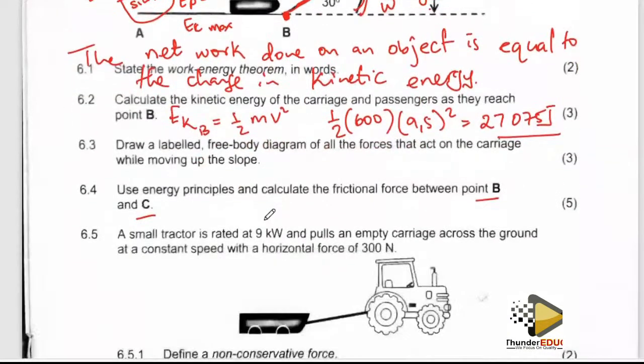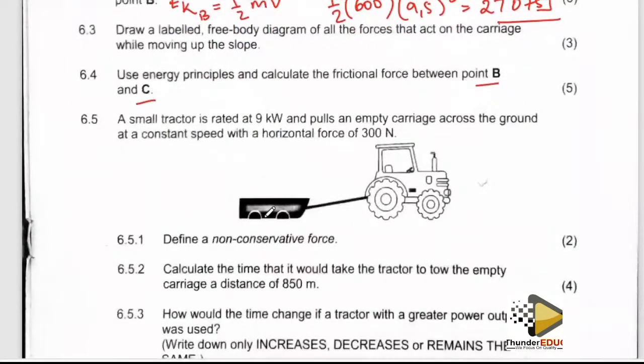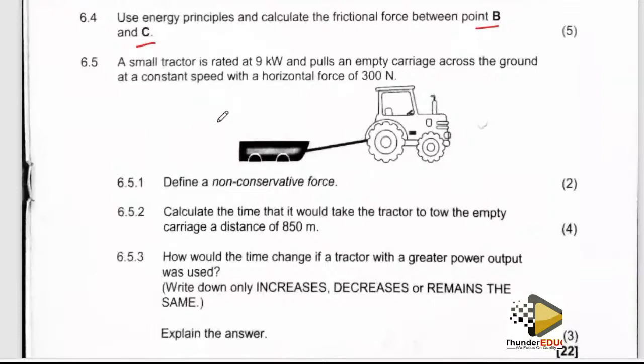All right, then 6.5. They're telling us that a small tractor that is rated 9 kilowatts pulls an empty carriage across the ground at a constant speed with a horizontal force of 300 newtons. Can we define what a non-conservative force is?